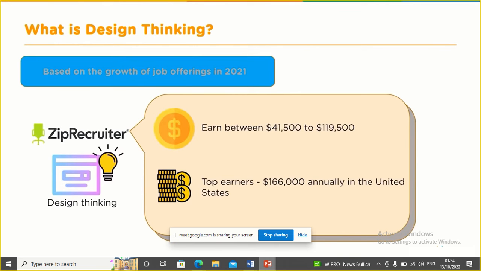So design thinking professionals have more opportunity, as well as high package jobs, and they are the most sought after professionals, because without design thinking and innovation, no company can become a successful one.